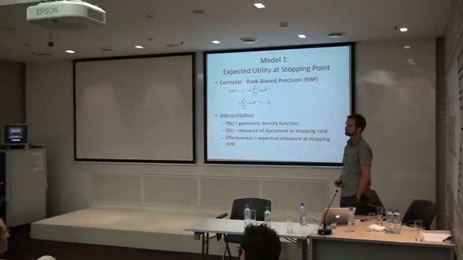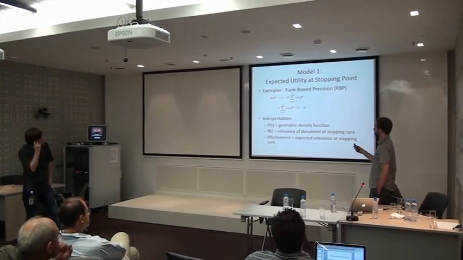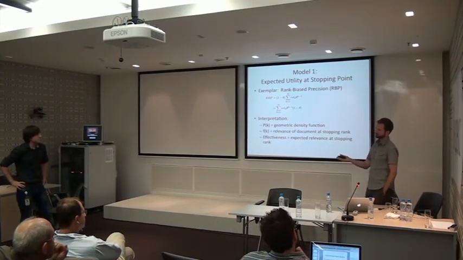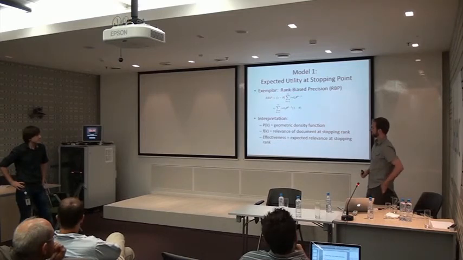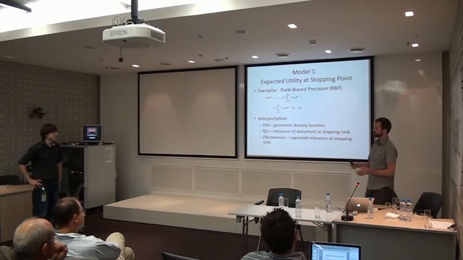So basically what that means is that we're going to say, if we're looking at RBP, for instance, we're going to evaluate all 74 systems with RBP with the gold standard data, evaluate all 74 systems with RBP with some subset of the gold standard data.